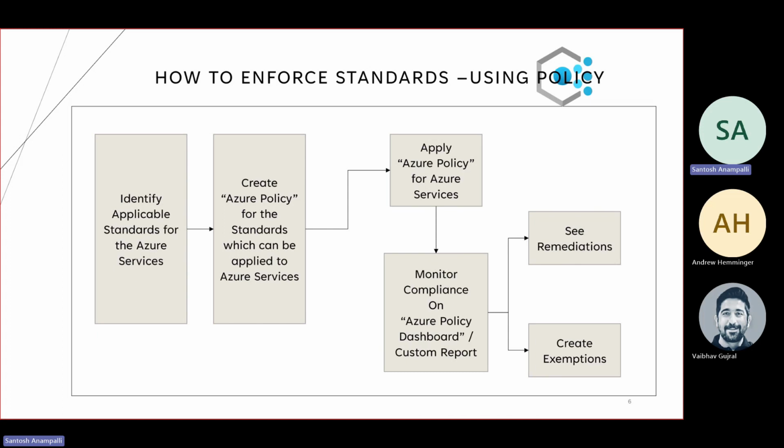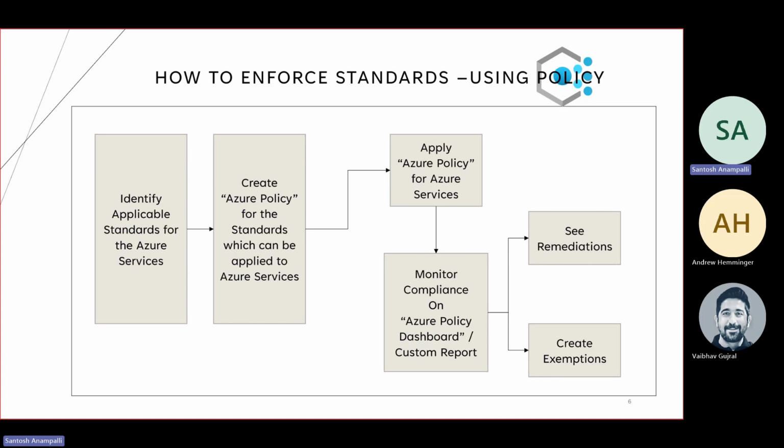If your current environment is using infrastructure as code, then you can use policy as code along with it: create policies as code, put all the policies in a repository, and deploy those policies as part of a CI/CD pipeline. So there are multiple ways of doing it.